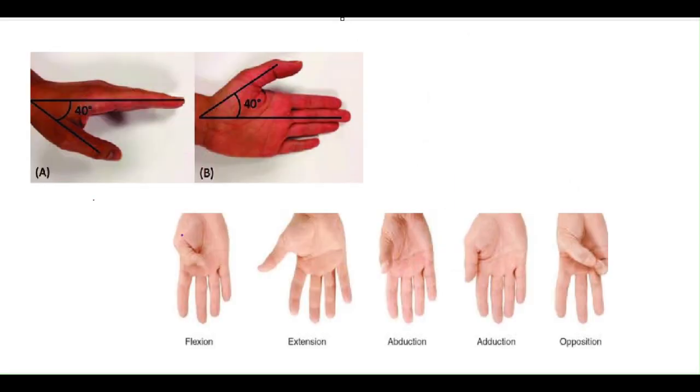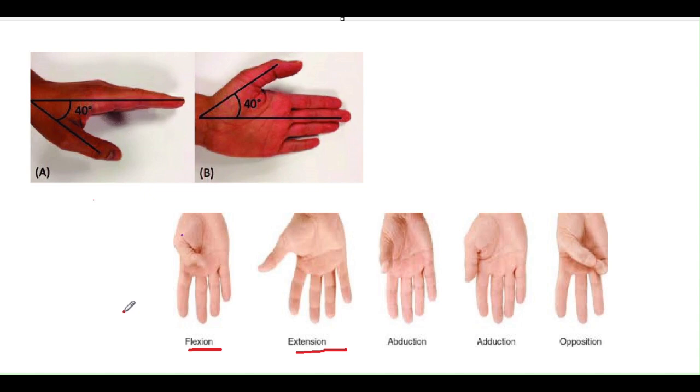As I said, the thumb is an exception to the other joints. Now why? When we talk about all the other joints, the movements are defined according to the three planes, that is the sagittal, frontal and transverse plane. Now for all the other joints, flexion and extension takes place in the sagittal plane.